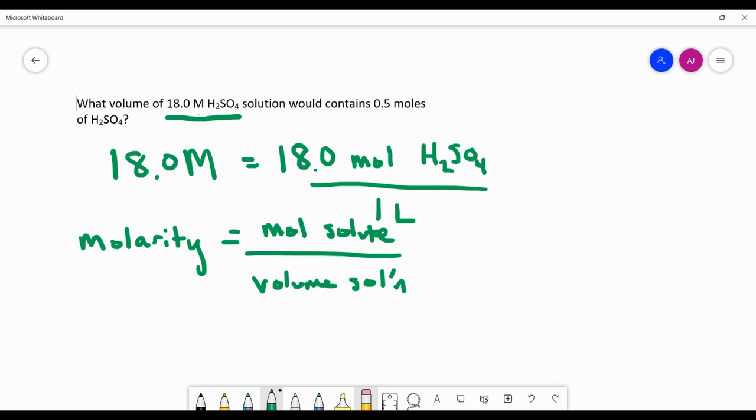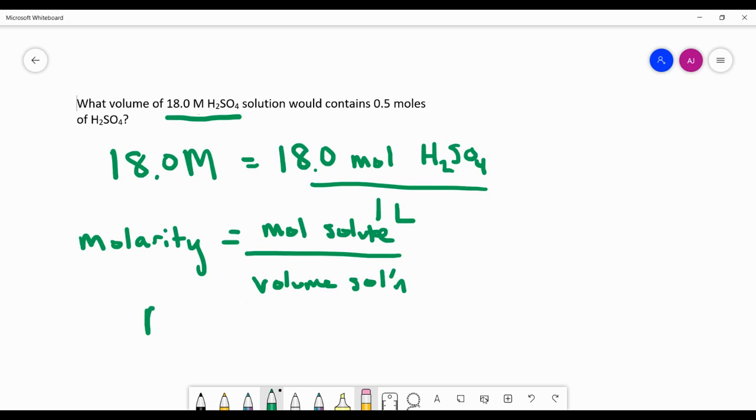There we go. Concentration can be expressed in many different ways: grams per liter, grams per 100 milliliters, percentage, but molarity is the most common one we use in chemistry, and that's expressed in moles per liter, or moles per volume of solution.